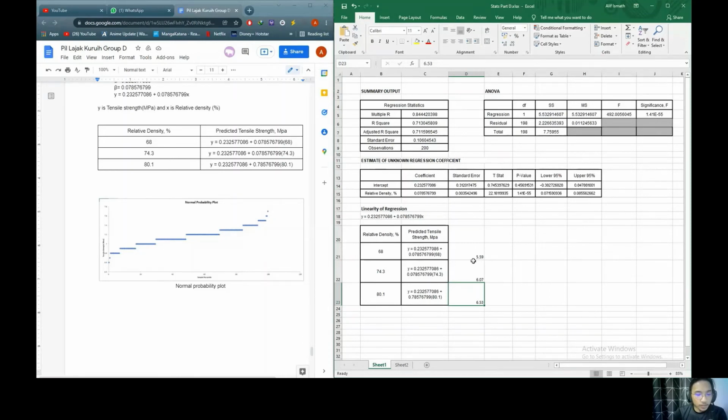From the result, we get the correlation coefficient. The value is 0.844420398, and since the R value is close to 1, unity, it shows a strong positive linear relationship between relative density and tensile strength.